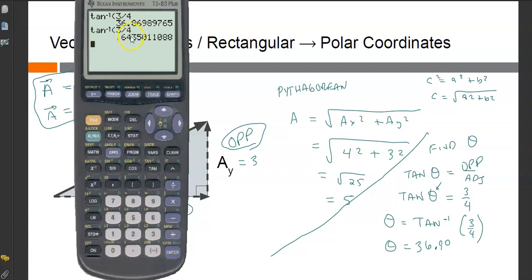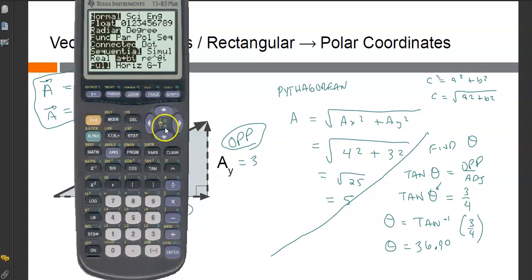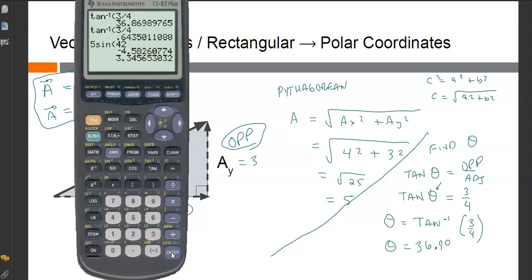Okay? This is the angle in radians. That's the one in degrees. If I say 5 sine 42, and I do it in radians, I get that number. If I put it back to degrees, I get a different number. Okay? They're both right, but they're using different units, and you need to know which unit you're in.